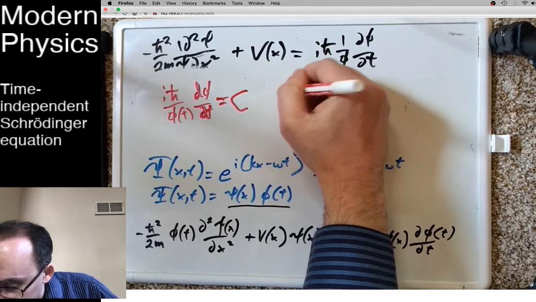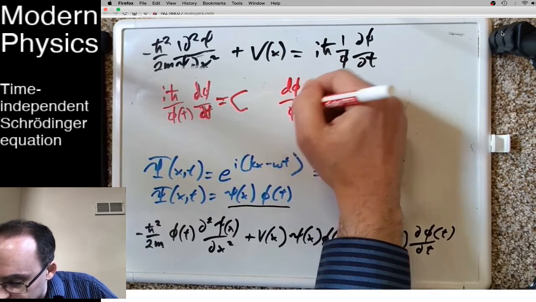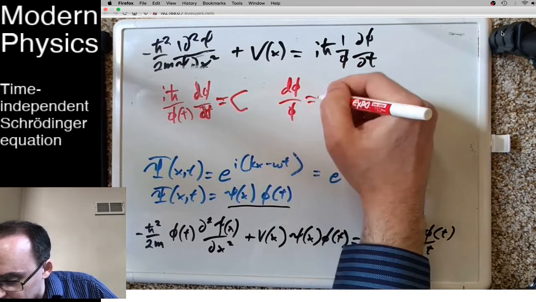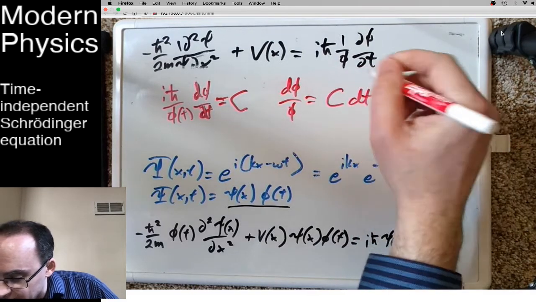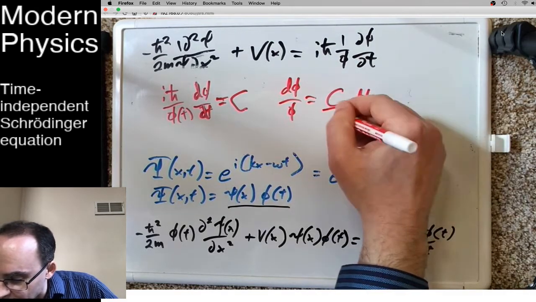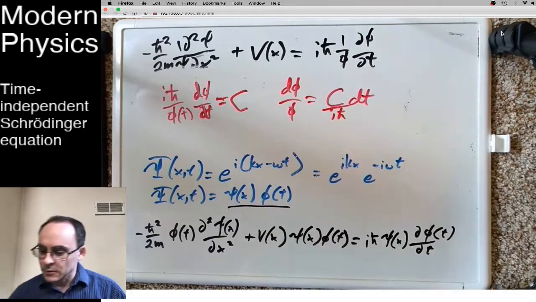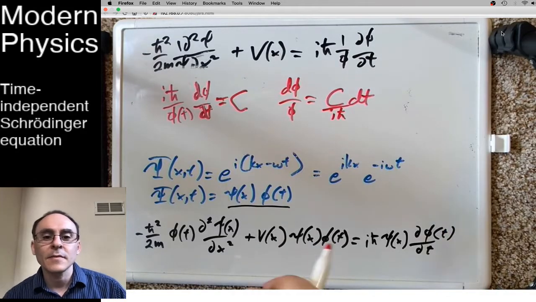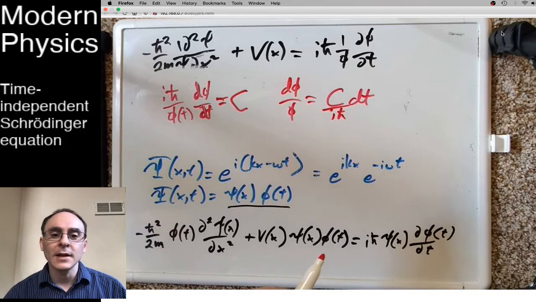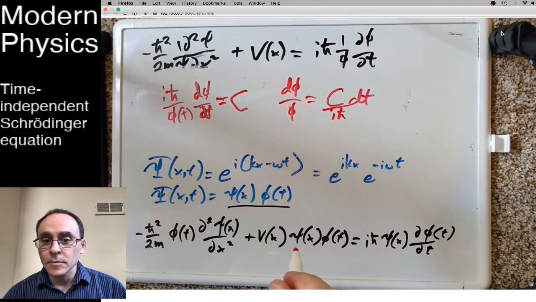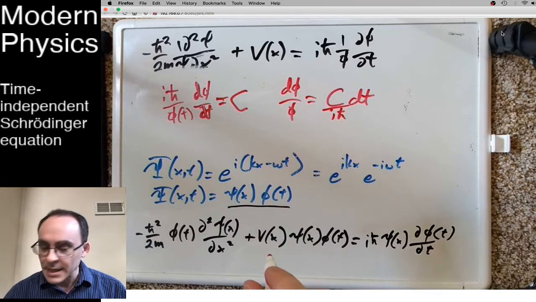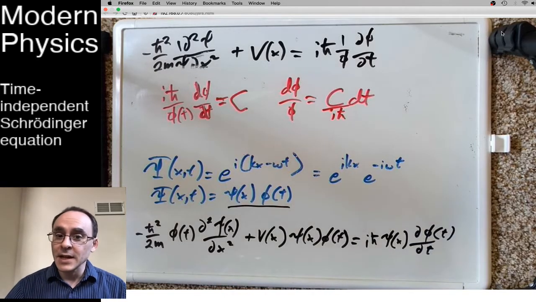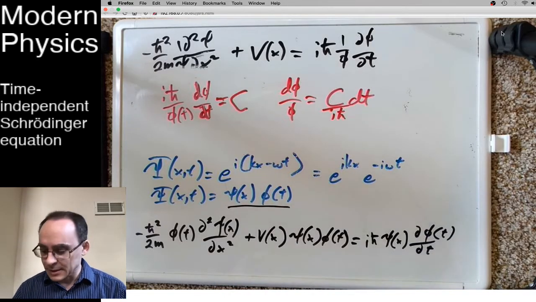I'm going to have d phi over phi equals C. I'm going to put the dt on the other side, and put the I over h bar on this side too. I've divided over IH bar. Now this looks more sensible. I can basically imagine integrating both sides and solving this.